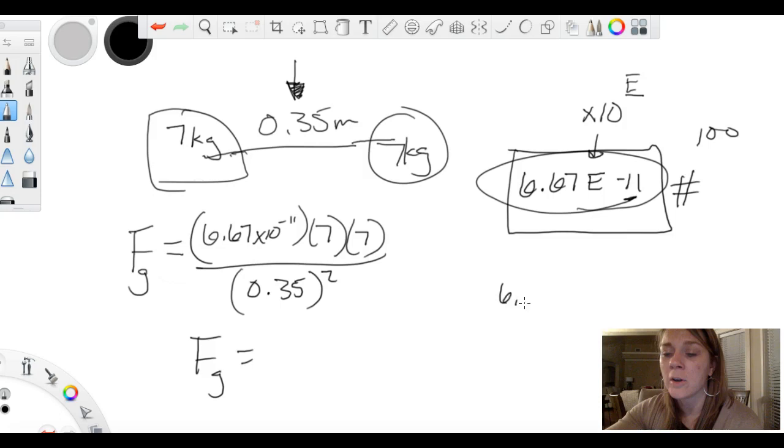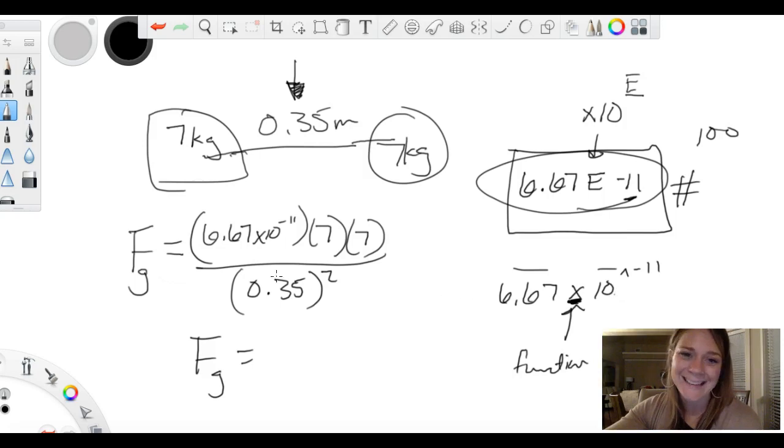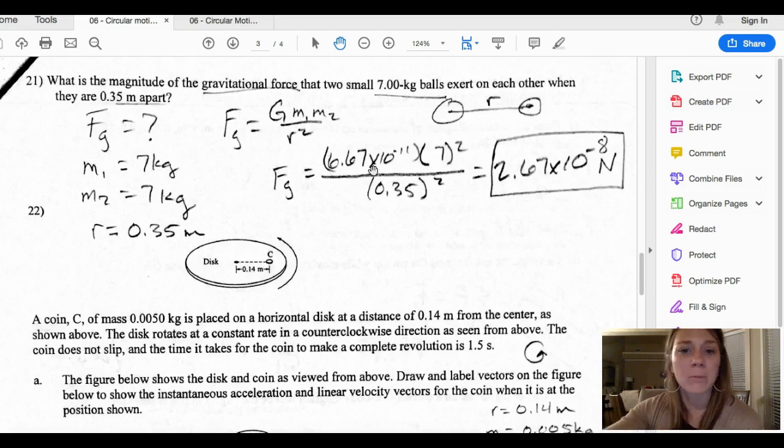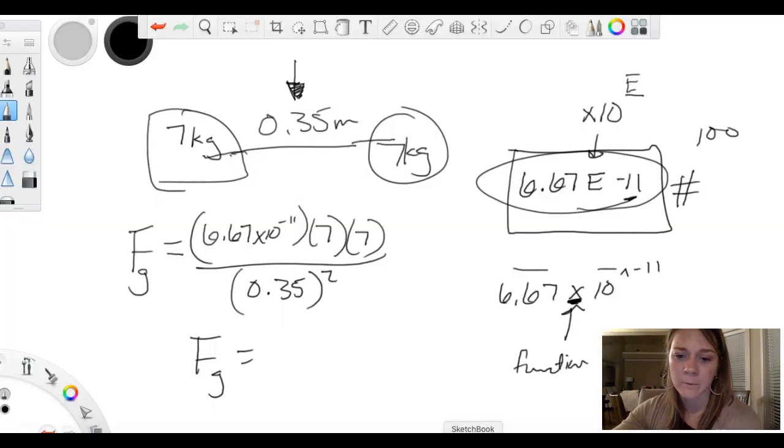But if you type in 6.67 times 10 to the caret top negative 11, you put in a function here, and your calculator is seeing this as multiplying. So you really have to do order of operations if you use that technique. And a lot of times students do not do that correctly whenever they have a big problem like this. So if it's just a wrong exponent, it's probably the way you're entering the problem into the calculator.